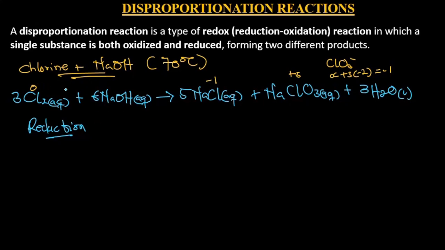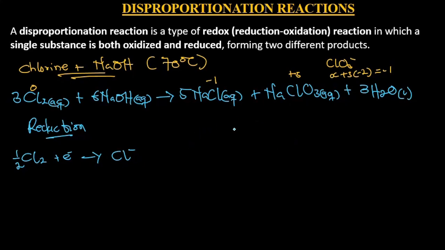So from 0 to minus 1, that is reduction. So I have chlorine, Cl2, becoming Cl minus. So all I have to do is to add the electron over here to form the chloride. In order to balance the chlorine, I put 1 over 2 here to make it 1 chlorine.